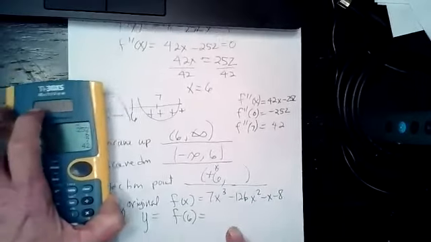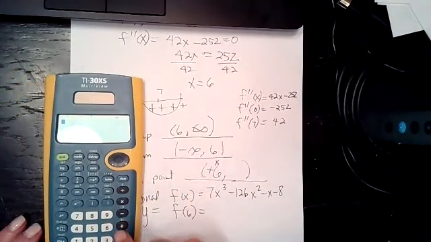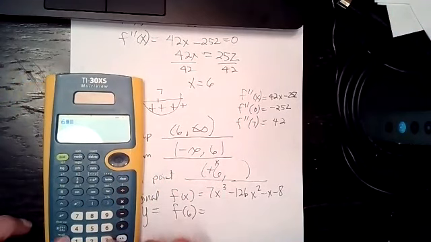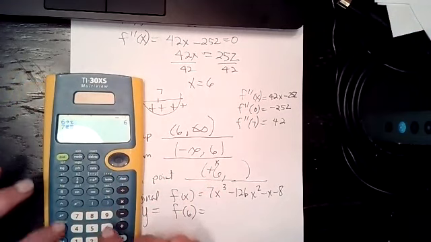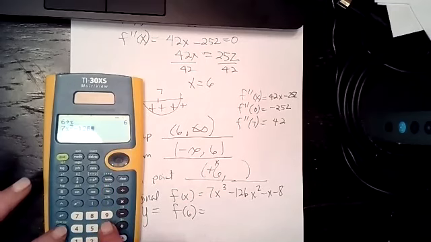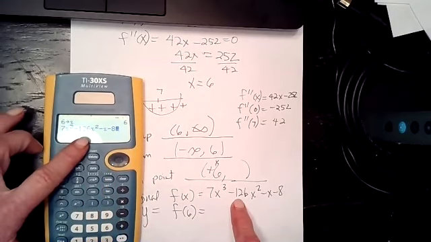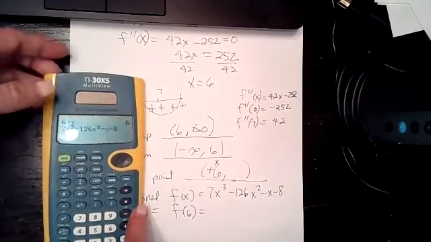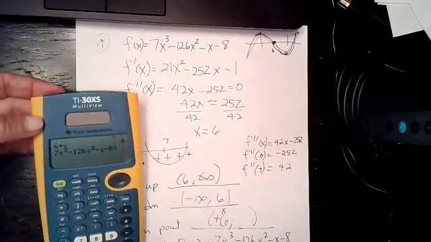So let's do the 6, store for x, enter. And type in 7x cubed minus 126x squared minus x minus 8.